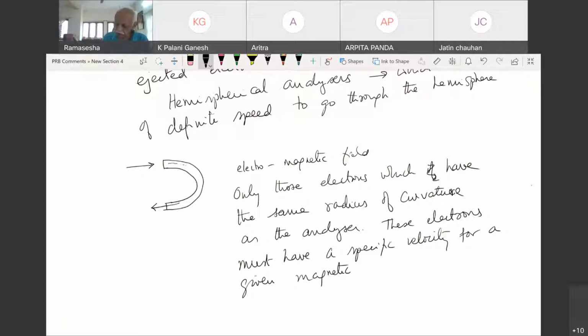So they also go around in circles because you are applying a magnetic field, going back to the plane of the paper or the screen, and then the electrons go around, and they will have a particular path. They will only go through. Okay.